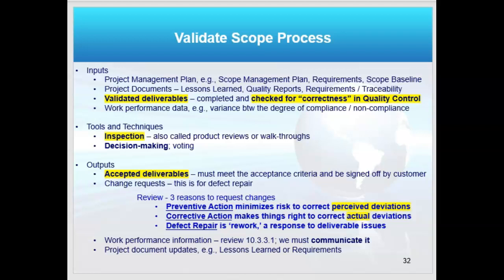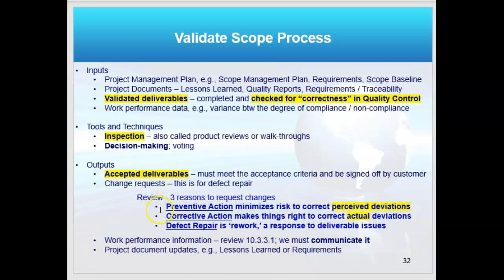Your quality control's already looked at it, already measured it, already tested it against the requirements and the quality standards and said, yep, ready to go. And you bring all that data and the deliverable with you. And that's now an input into getting the customer to accept it. One of the key things the customer is going to do is inspect it and do some decision making. And at the end, we hope we have an accepted deliverable by the customer.